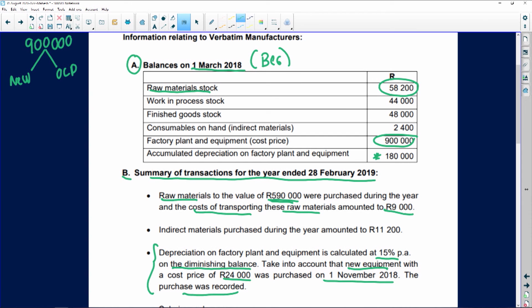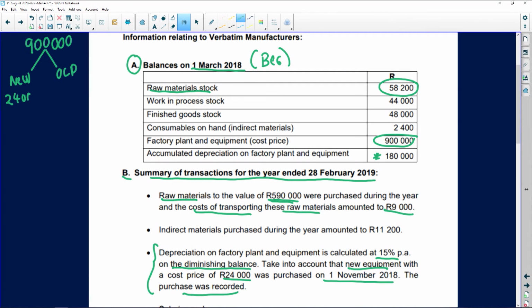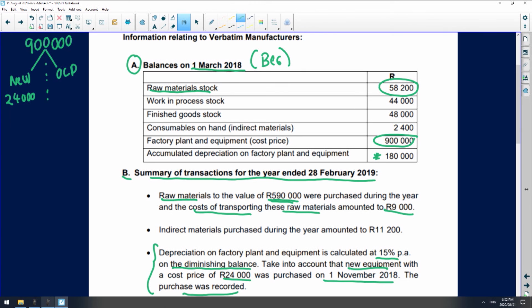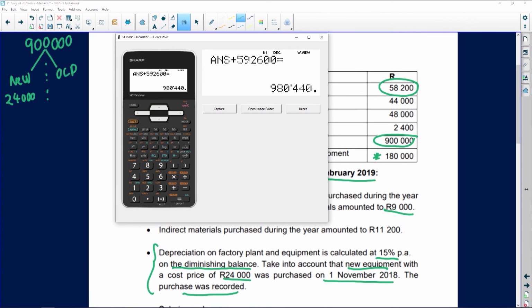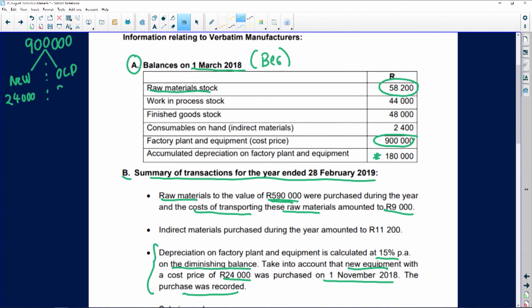Okay, so let's now split this. The new equipment is obviously $24,000, and my old equipment would be the total $900,000 minus $24,000. Okay, and that gives me an amount of $876,000.